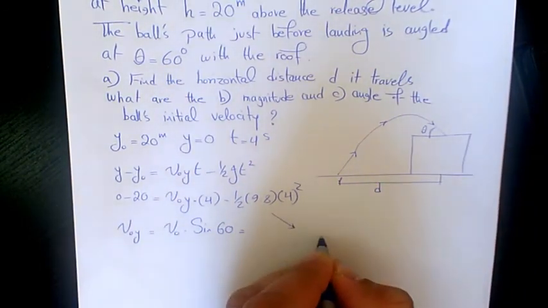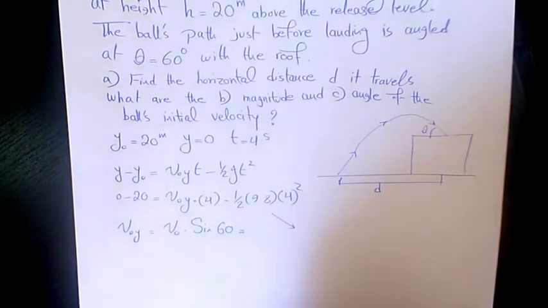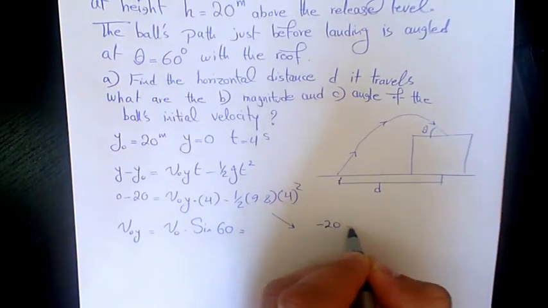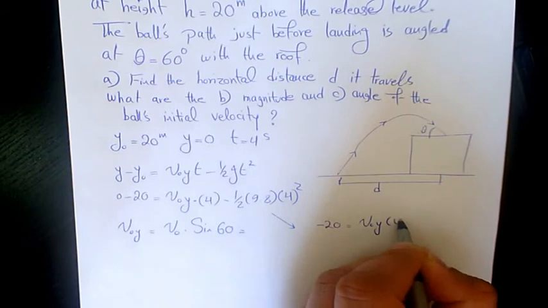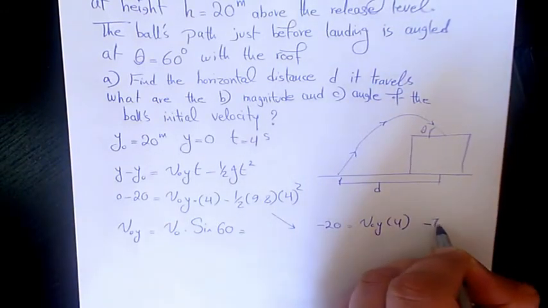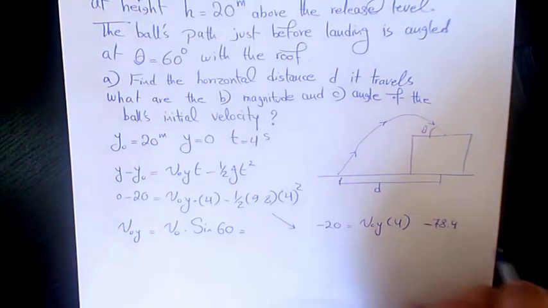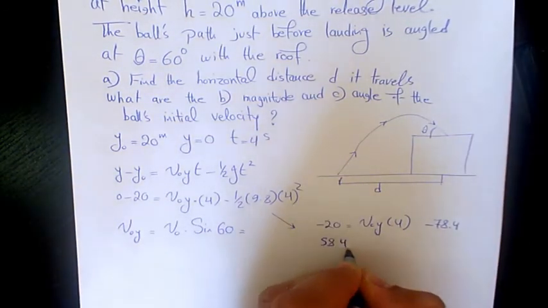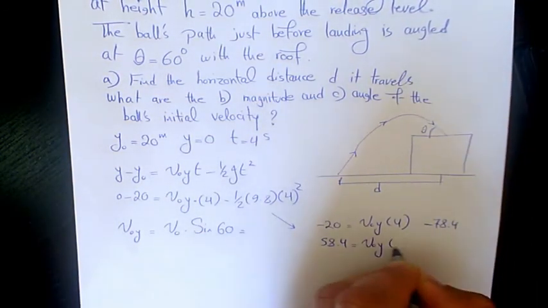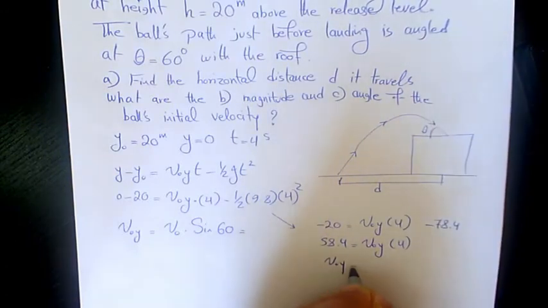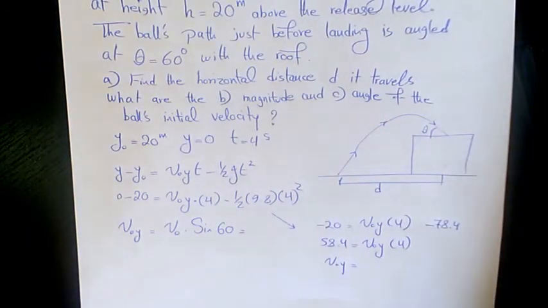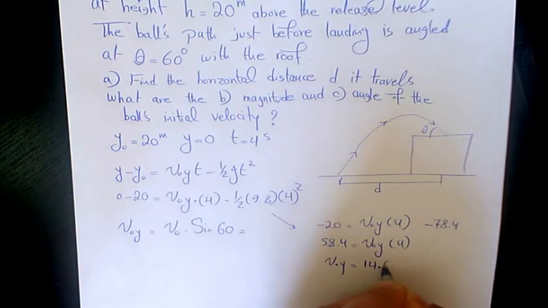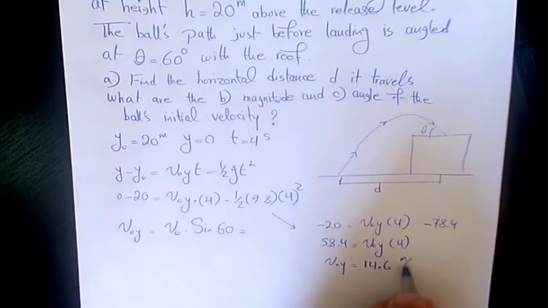So that's going to be negative 20 equals v naught y times t, minus 78.4, so that makes it positive 58.4 equals v naught y times 4. So v naught y is going to be 58.4 divided by 4, which is 14.6 meters per second.